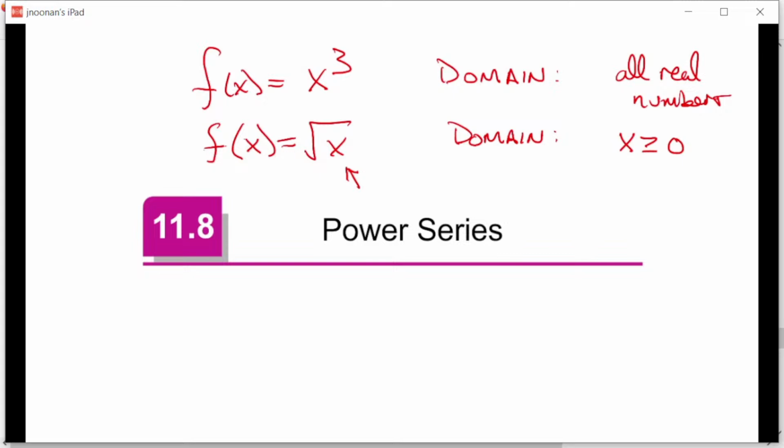Okay, let's do two more. How about this one? What if f of x is equal to the secant of x? You know it, we're pulling that out. Domain. Does anyone know the domain of the secant function, secant of x?